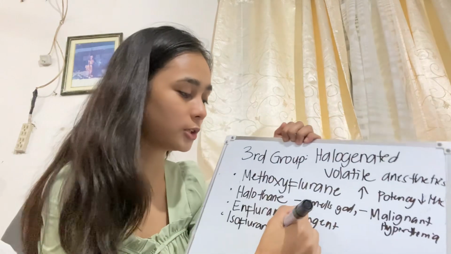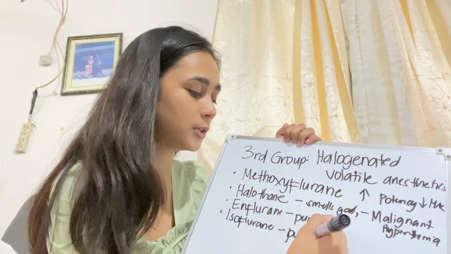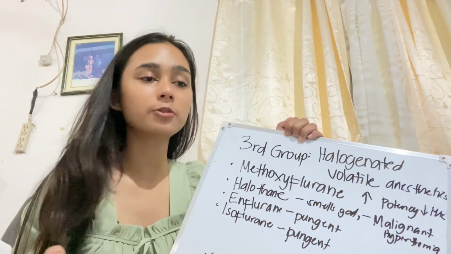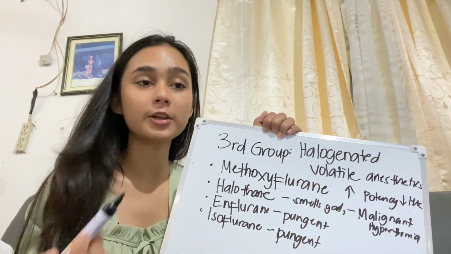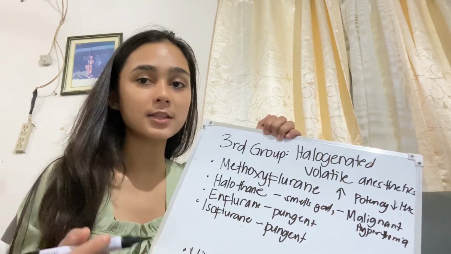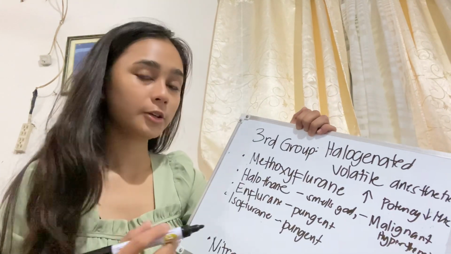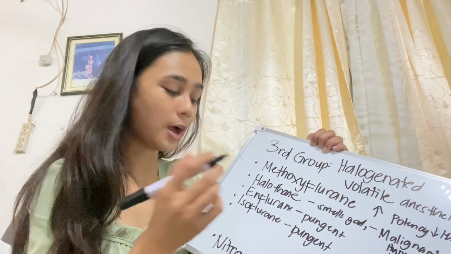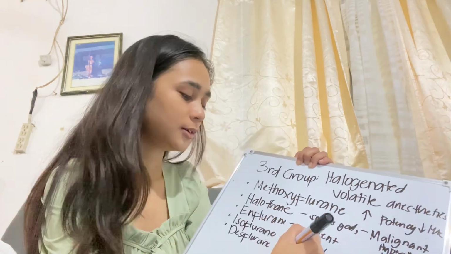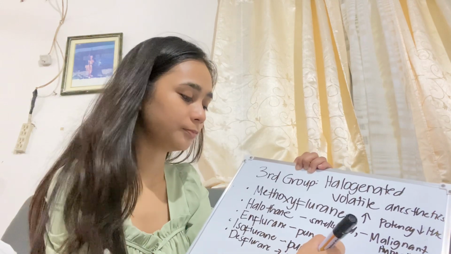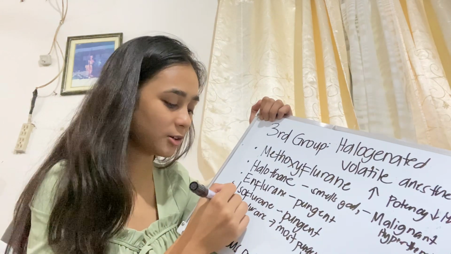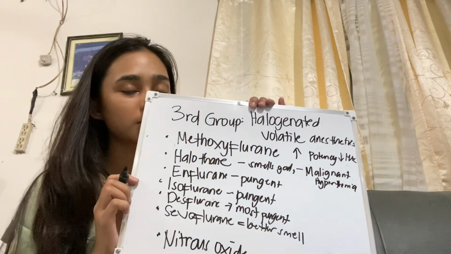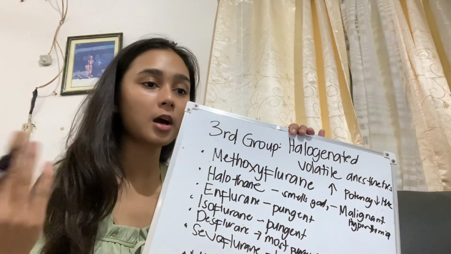This is pungent, so again it is not good for kids, but it is good for the kidney, liver, and heart because it has less fluoride compared to enflurane. Next we have desflurane. It is the most pungent. The best smelling one here is sevoflurane. It's good for kids, but it also causes tachycardia or arrhythmia.